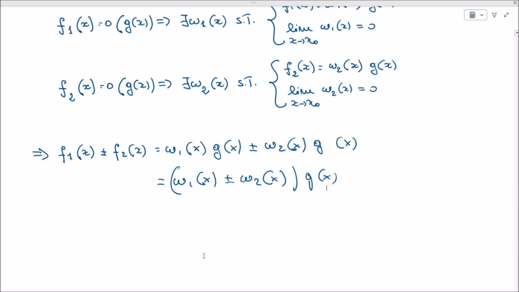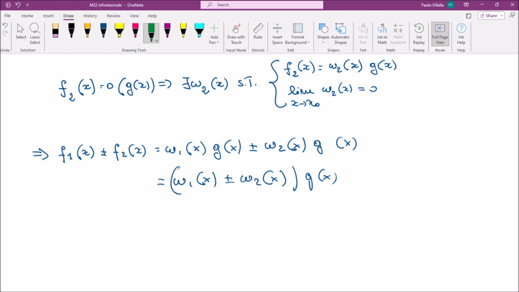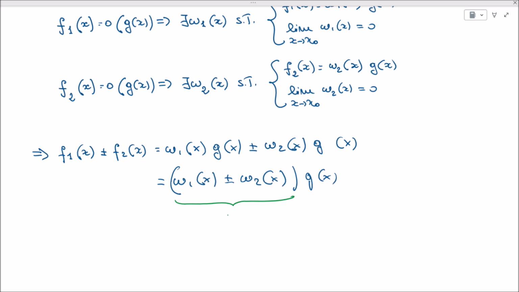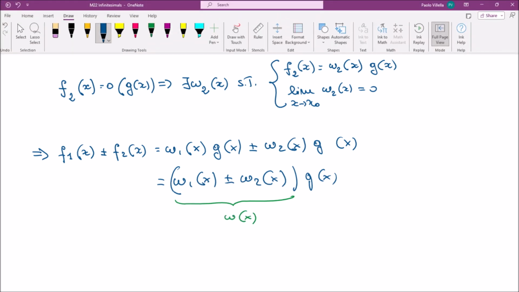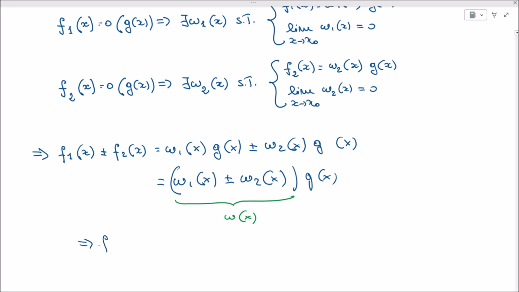But we can now call this omega of x. So we just proved at this point that f1 of x plus or minus f2 of x is equal to omega of x times g of x, with omega of x that tends to 0 when x goes to x naught.